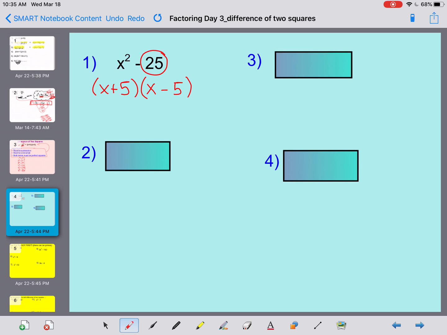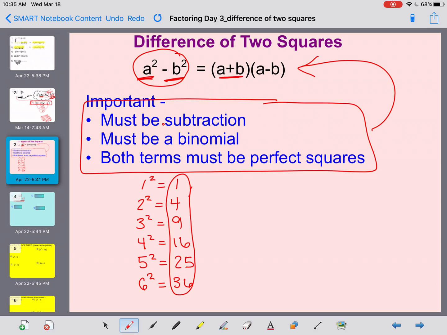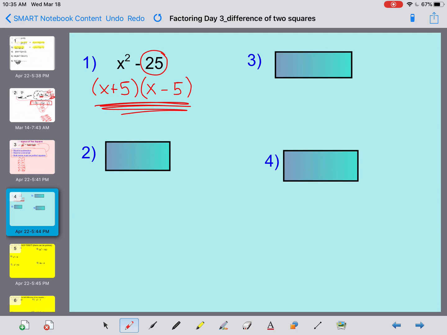Always 1 plus and 1 minus in a difference of 2 squares formula. That's what the a plus b and the a minus b is. 1 plus, 1 minus. It's the exact same numbers, but opposite. We call these conjugates, right? These are conjugates of each other. When it's exactly the same, where the only difference is you have 1 with a plus and 1 with a minus, right? And then that's your answer.